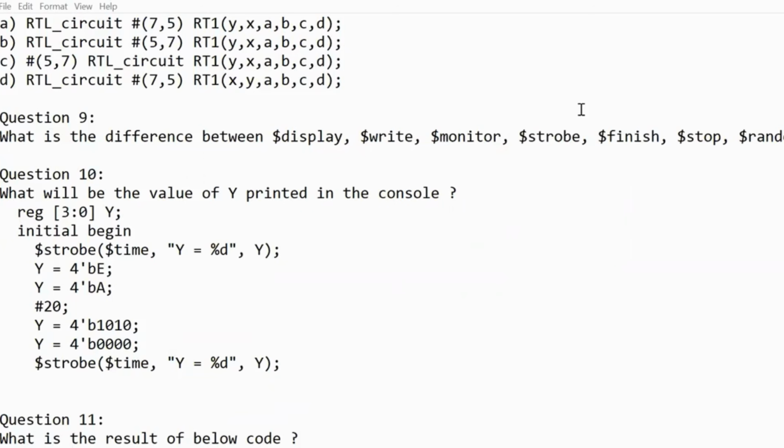To display the output onto the screen. Monitor, display, strobe, write, everything is used to display statements on the console. Yes. But there is a similarity between the four. We need to understand the similarity. So that's what I'm asking.